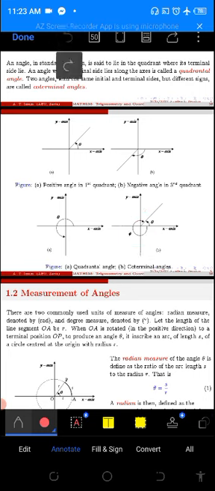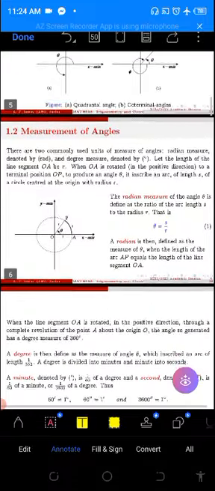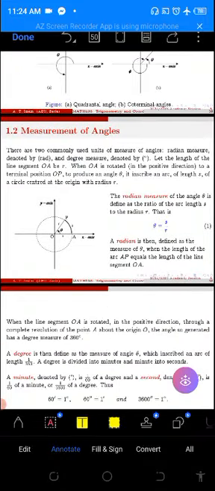Now we go to the measurement of angles. We usually measure angles in degrees, and we use a small circle on top of the number to show that the measurement is in degrees.